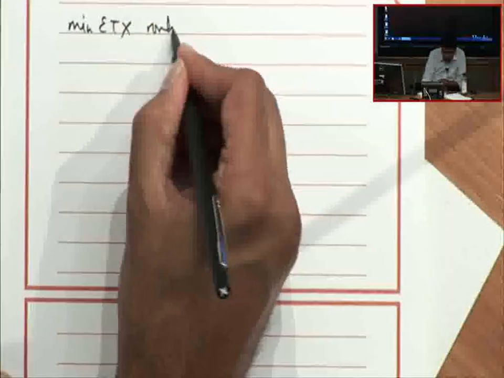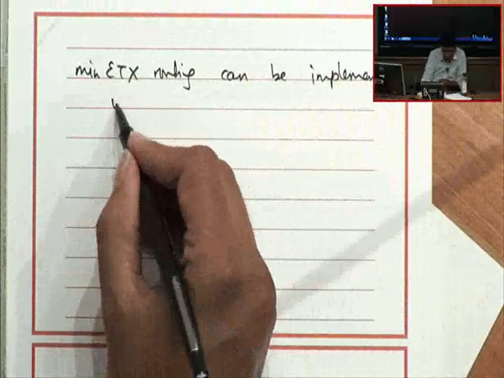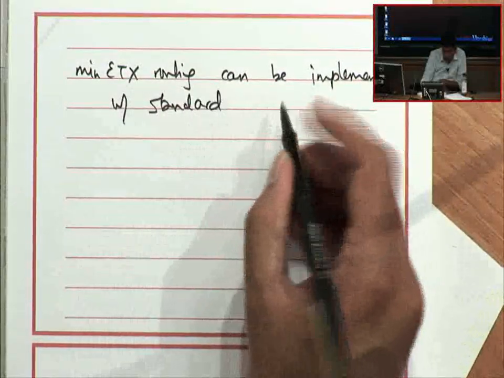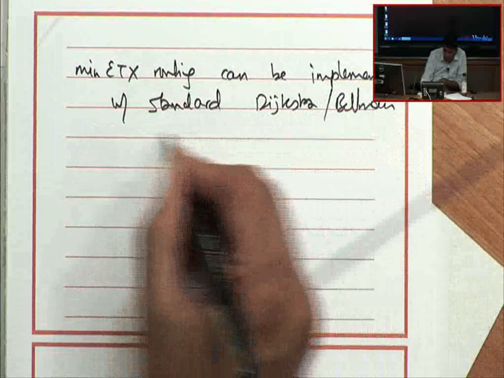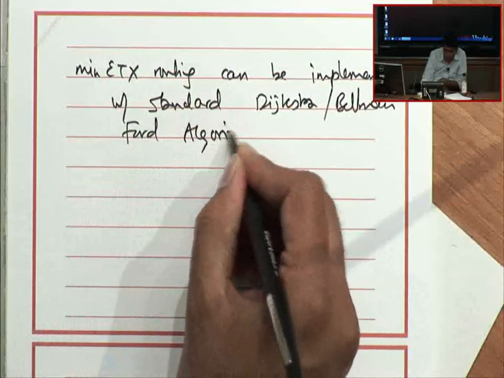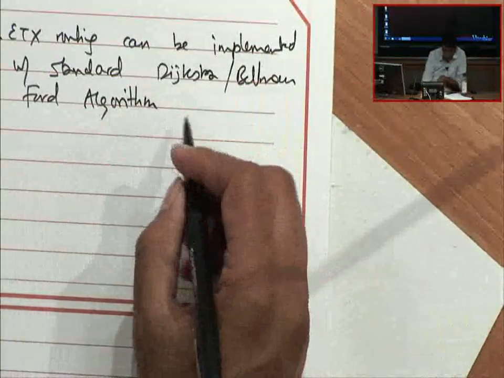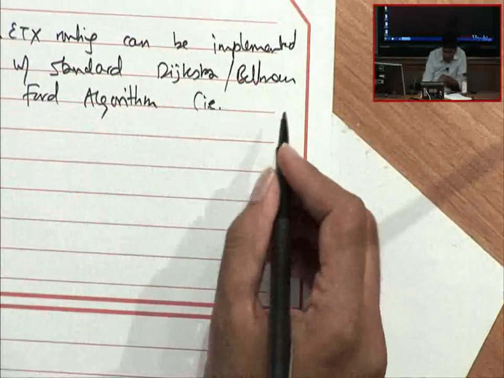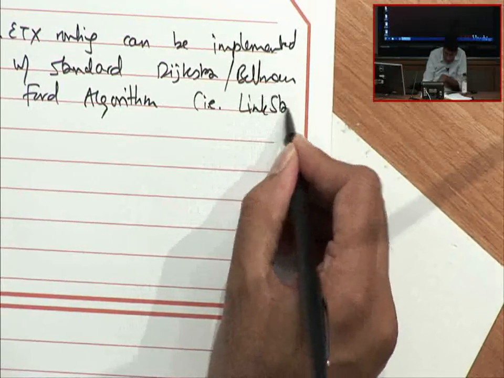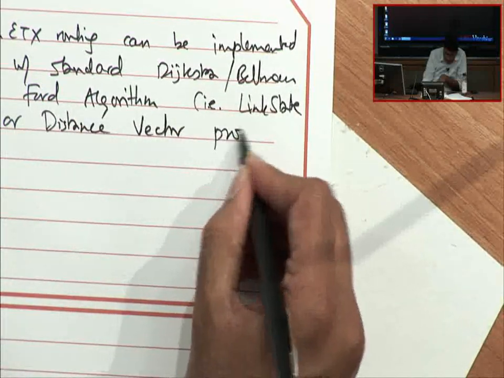So we said that many TX routing can be implemented with standard Dijkstra or Bellman-Ford algorithm, which, as you know from even 450 or 551, if you've taken it, are basically link state or distance vector based protocols.